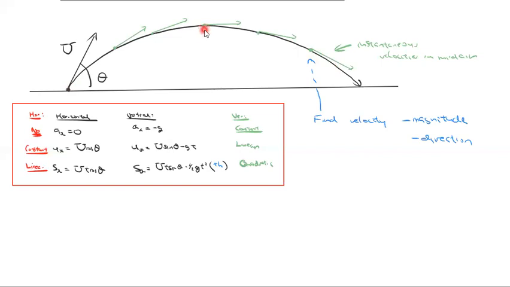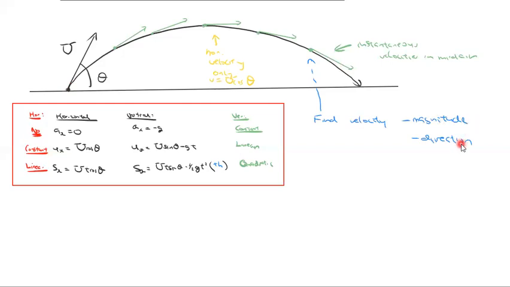Note that at max height you only have horizontal velocity, which of course means the velocity there will just equal u cos theta. But if you've got it in midair, you might be asked to find the total velocity, both the magnitude and the direction.